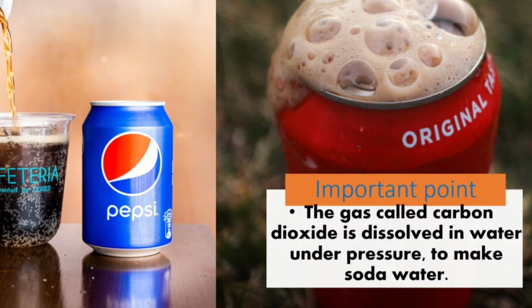The bubbles fizz out with pressure. The gas called carbon dioxide is dissolved in water under pressure to make soda water. When we remove the lid, the pressure reduces and the gas bubbles out. You must have seen the bubbles coming up when you drink cold drinks.